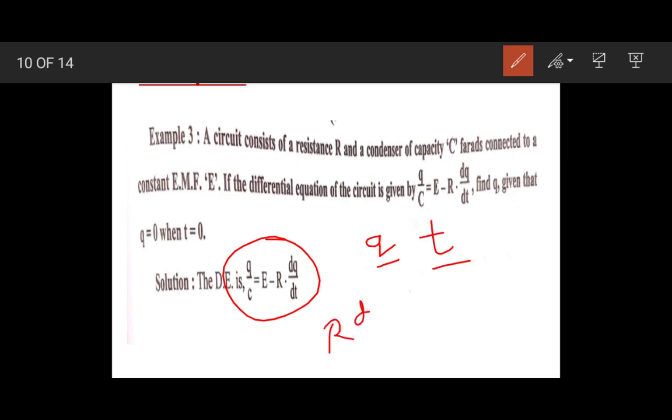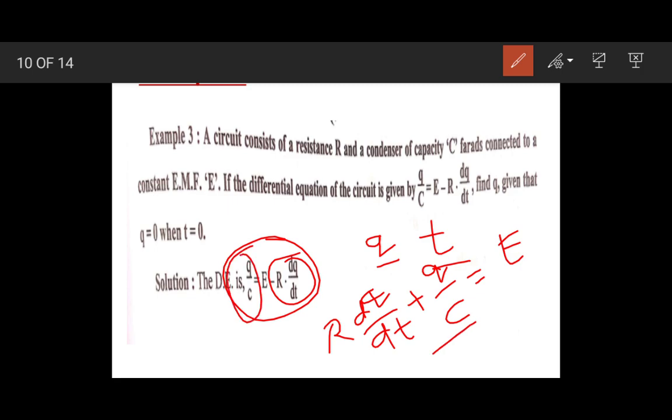So it will be R dq upon dt. Taking this term to the left-hand side, plus Q upon C is equal to E. Taking this term to the left, Q upon C stays as it is, and on the right it will be only the E term.